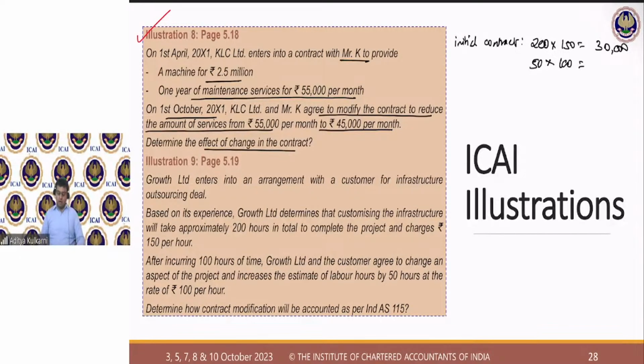handled by Growth Limited. Now, Growth Limited took an overall assessment of what all activities are there, and ultimately it touches 200 hours at rupees 150 per hour.